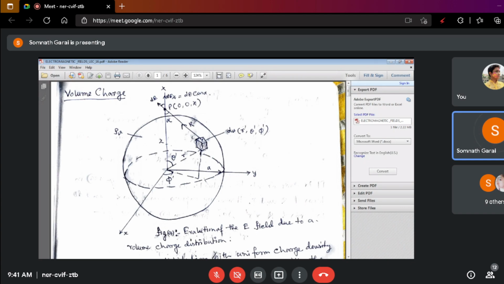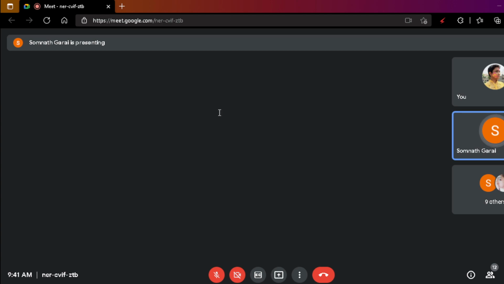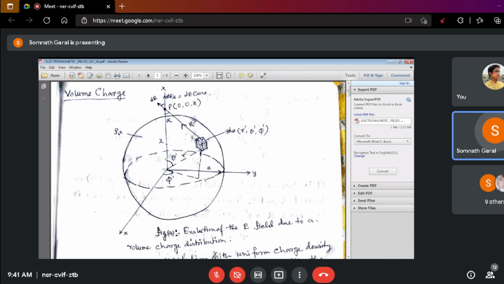Now we consider a small volume in the sphere, whose coordinates are r dot, theta dot and phi dot, because we know that spherical coordinates are r, theta and phi.